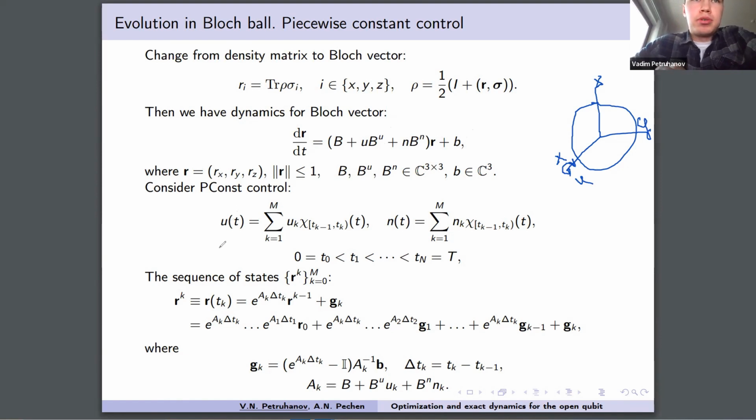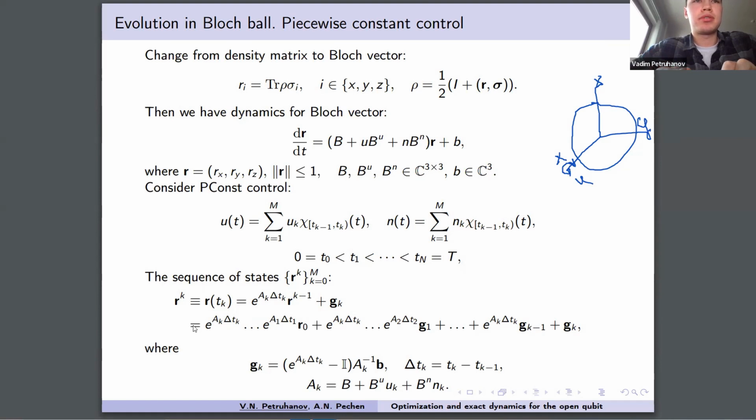And we consider piecewise constant control because it is quite simple to analyze, and it is actually used in different numerical methods. So due to the simplicity of the control, our evolution is quite simple.